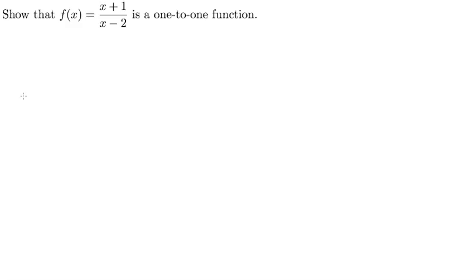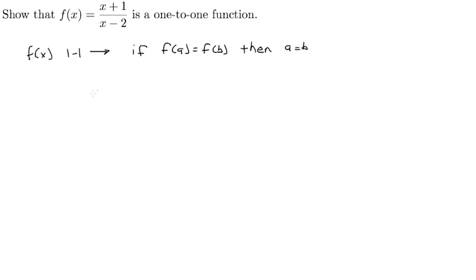So to actually prove that something is 1-to-1, we have to use our definition. Recall, we said that f of x is 1-to-1. What that means is if we have the case that the function evaluated at 2 x values gives us the same y value, essentially, what that means is that the 2 x values were actually the same all along.